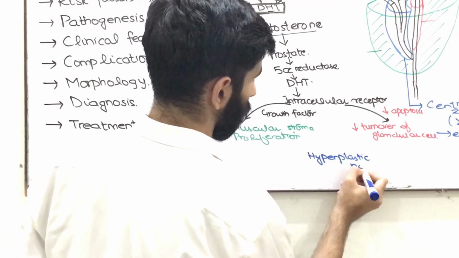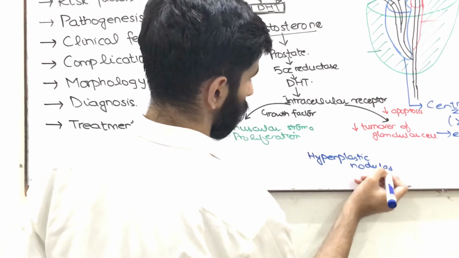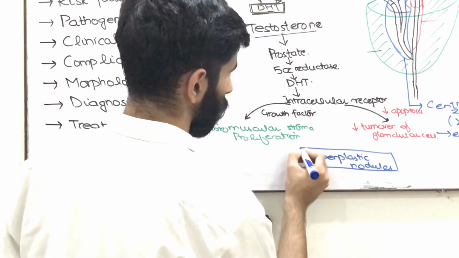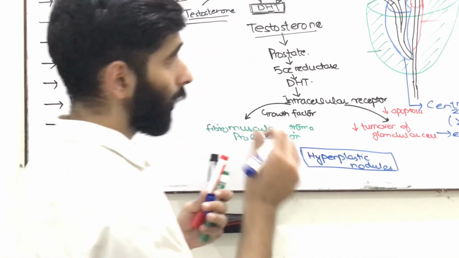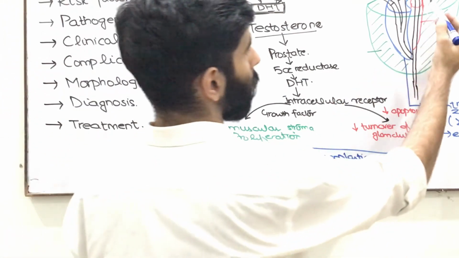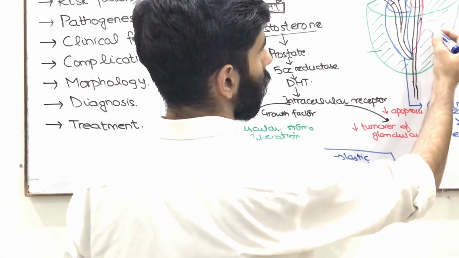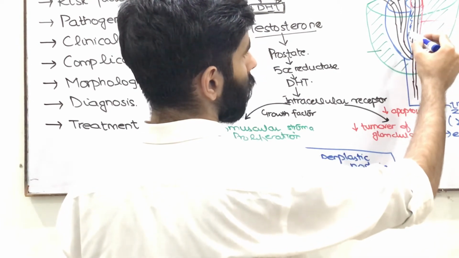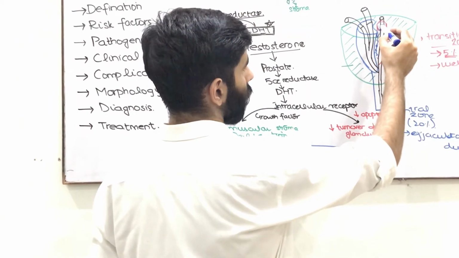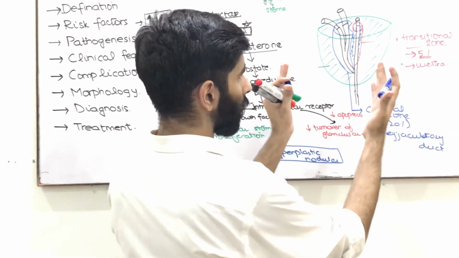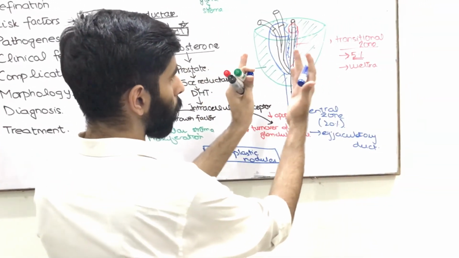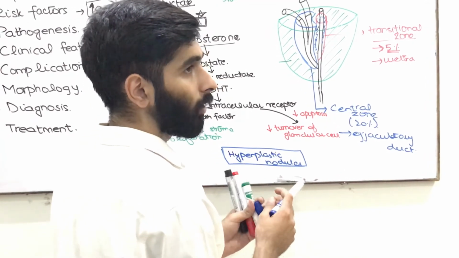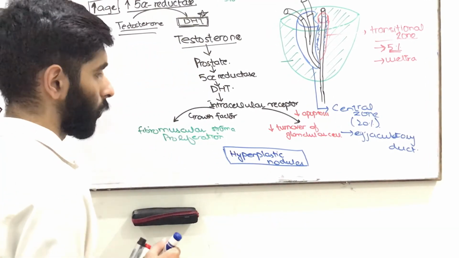Together, they lead to the formation of hyperplastic nodules, and hyperplastic nodules are formed in this zone, the transitional zone. When the hyperplastic nodules form in the transitional zone, they compress the urethra, and when the urethra is compressed, it causes urine outflow obstruction.